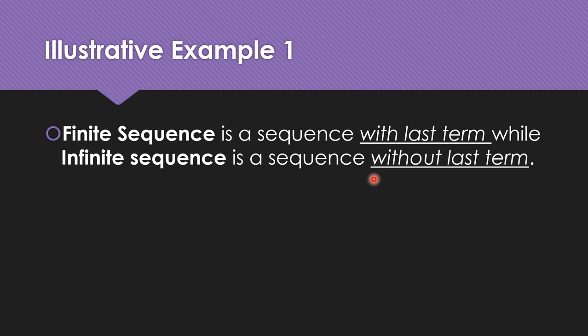You just go on the last term. We're talking about the set of numbers in a given sequence. So if the sequence has a last term, so pwede natin siyang sabihin na finite sequence siya. Kapag naman wala tayong nakikitang last term or ginamitan natin siya ng ellipsis, therefore, the sequence is infinite.